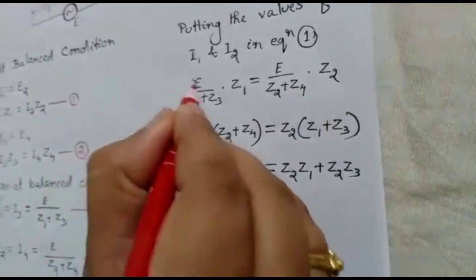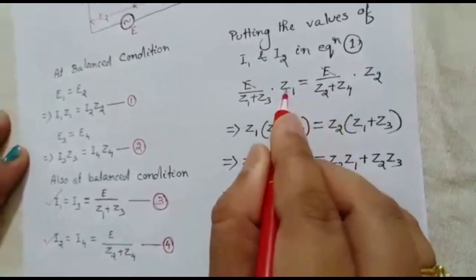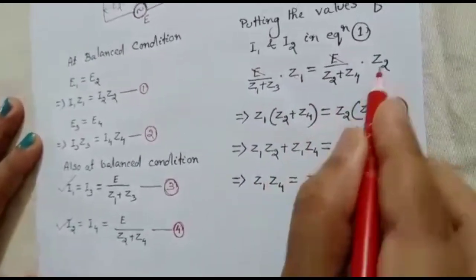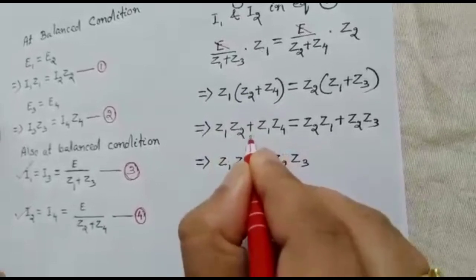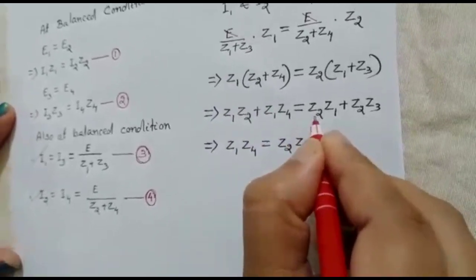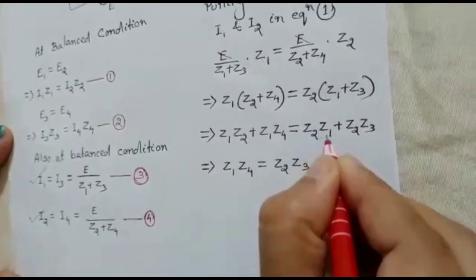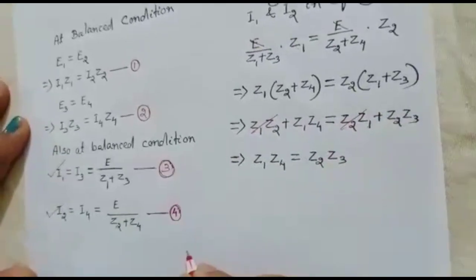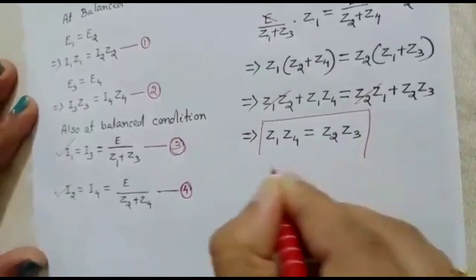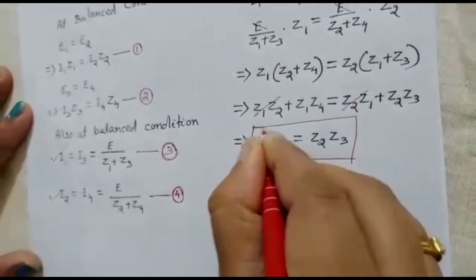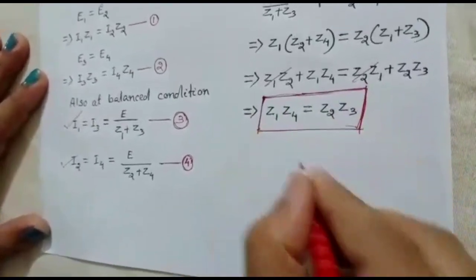Now E and E get cancelled, and cross multiplying, Z1 with Z2 plus Z4, and Z2 with Z1 plus Z3, we get Z1 Z2 plus Z1 Z4 is equal to Z2 Z1 plus Z2 Z3. Here Z1 Z2 appears on both sides, so we can cancel these two terms. Finally we get Z1 Z4 is equal to Z2 Z3. This is the balance condition of an AC bridge.